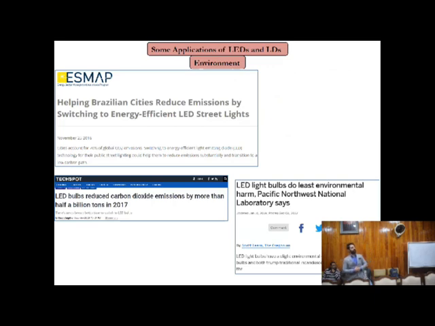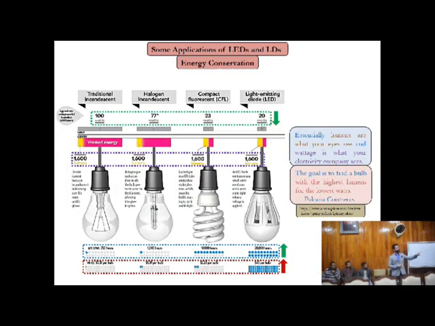Excuse me. So which brings me to this part, how LEDs are reducing carbon dioxide emission and how they are impacting the environment. Next, the energy difference, the energy conservation of LEDs. I've been looking at this figure for some time now, and this actually inspired us to work on the energy conservation part of LEDs.